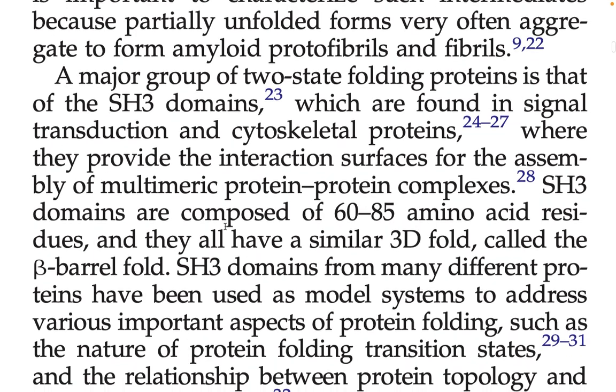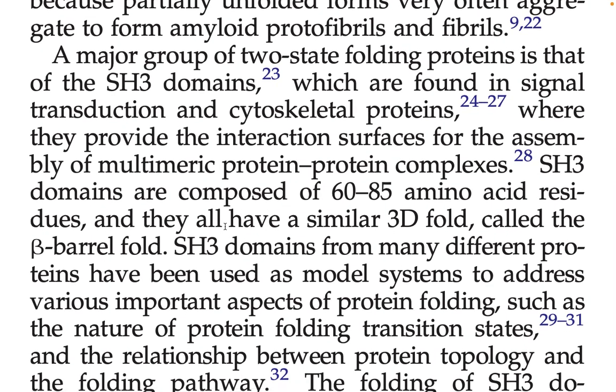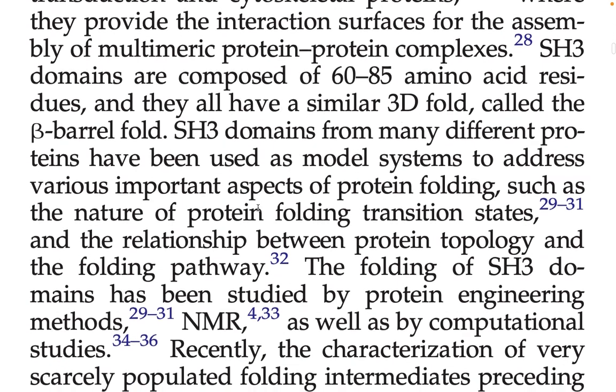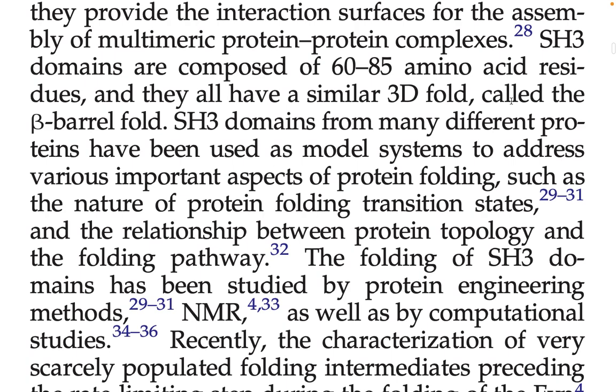Now, a major group of two-state folding proteins is that of SH3 domains, which are found in signal transduction and cytoskeletal proteins, where they provide the interaction surface for the assembly of multimeric protein-protein complexes. SH3 domains are composed of 60 to 85 amino acid residues, and they all have a similar 3D fold called the beta barrel fold.